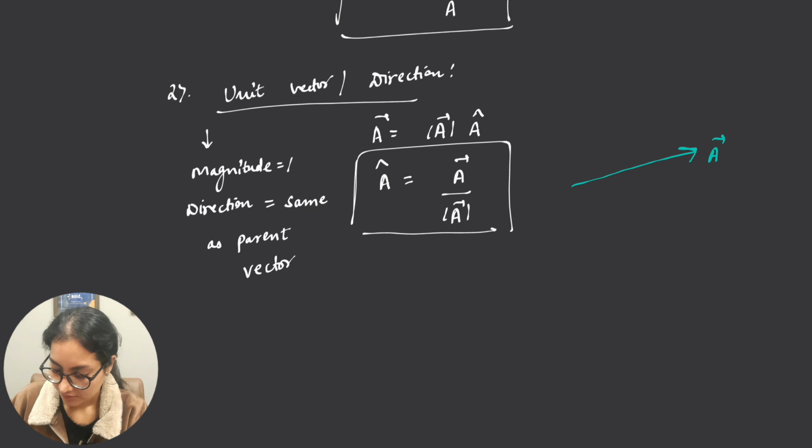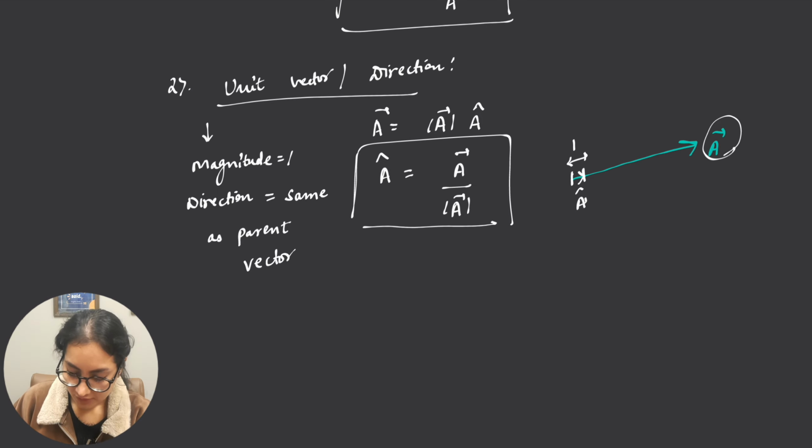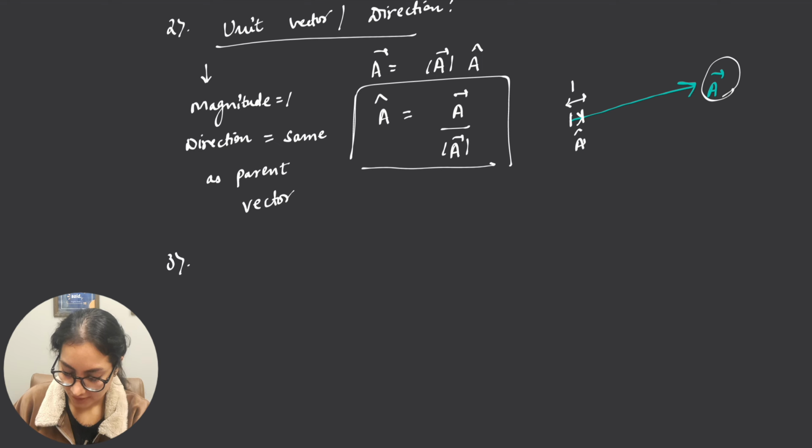That means a unit vector is a vector which has magnitude 1. Let's say this is 1 magnitude and direction is the same as the parent vector, which is A. This is my unit vector of A, which I can write as A cap, right?